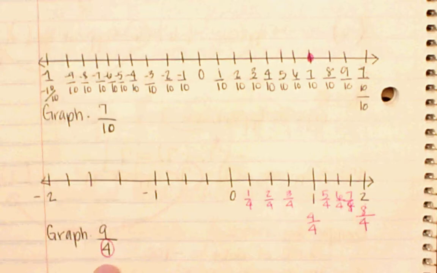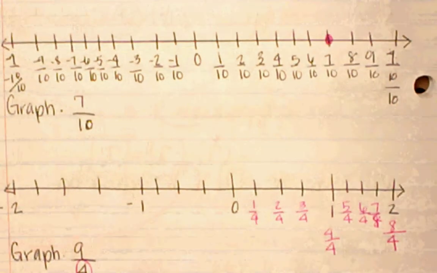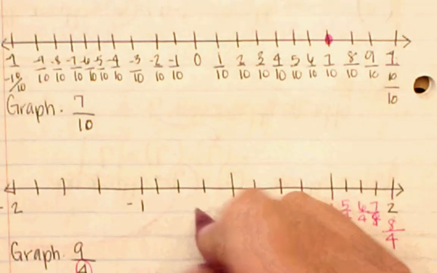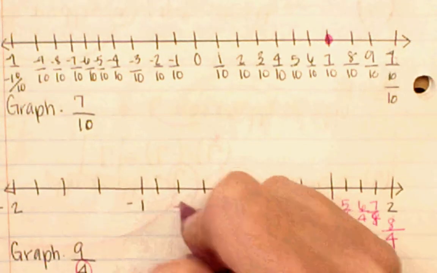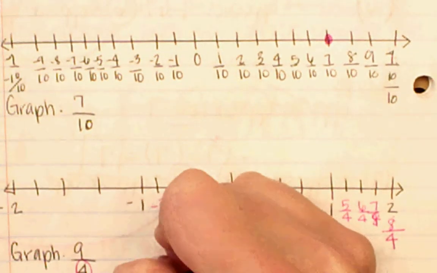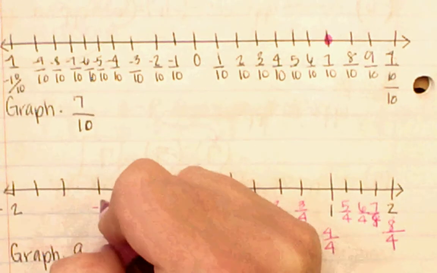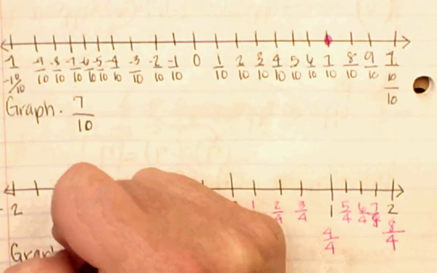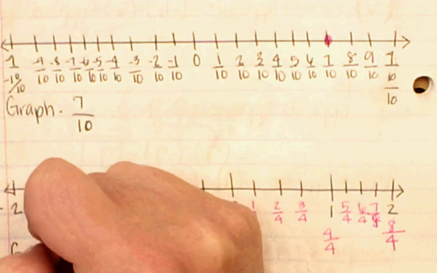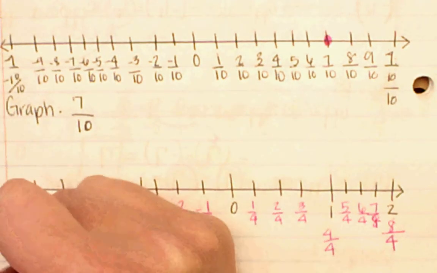Okay? And then go on the other side and do it for the negative side as well. -1/4, -2/4, -3/4, -4/4, -5/4, -6/4, -7/4, -8/4.